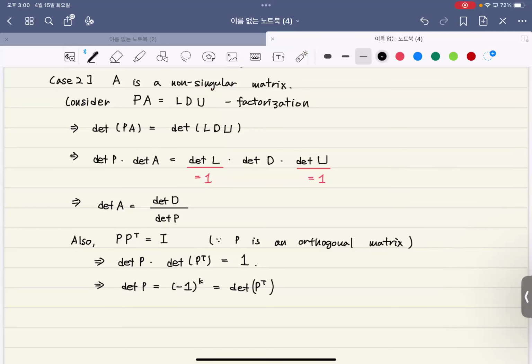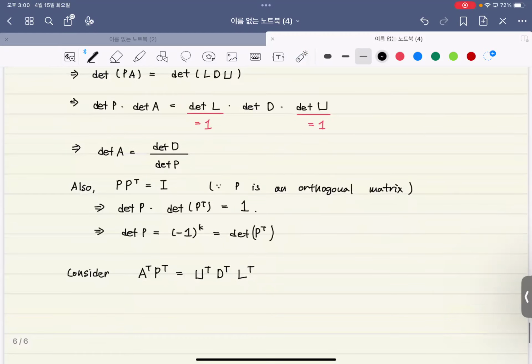Now I'm going to do the same thing, but taking the transpose of both sides of this equation. Let us consider taking the transpose: A transpose, P transpose is U transpose, D transpose, and L transpose.